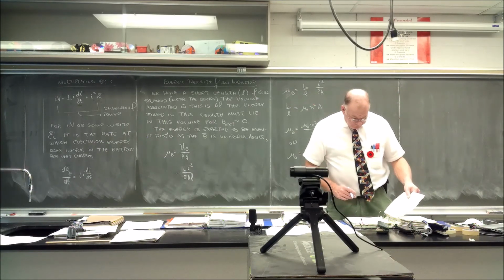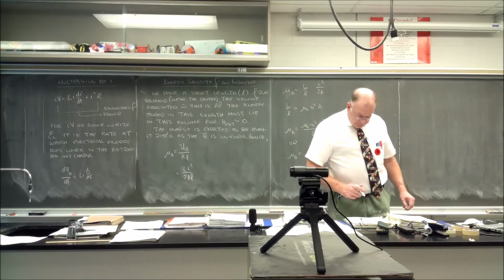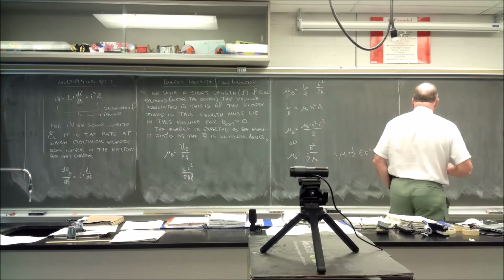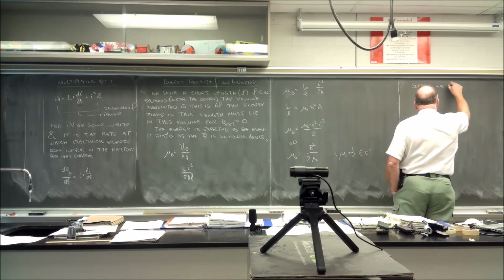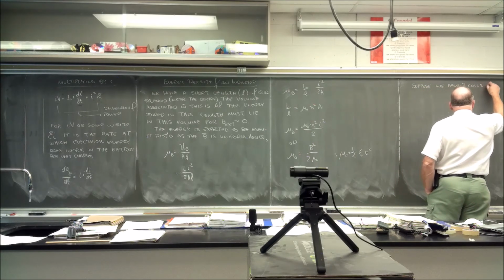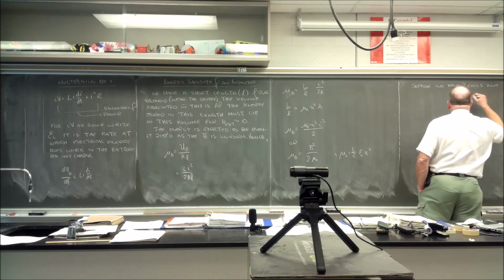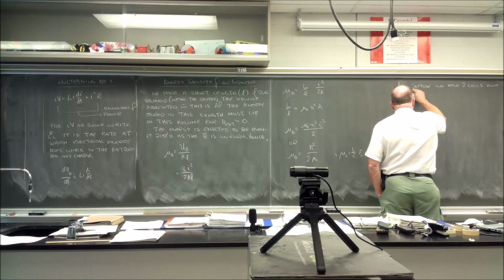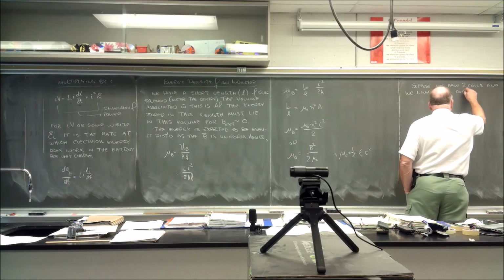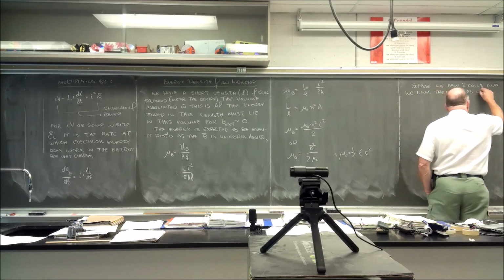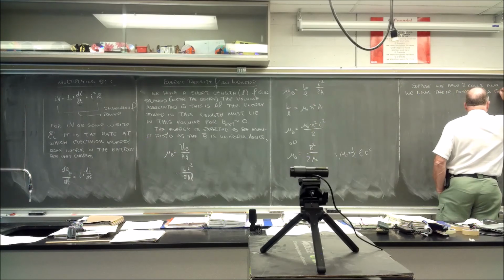I'm going to do this a different way than the book does. I find this confusing. I don't know how much it helps. Suppose we have two coils. And we link their cores with a ferromagnetic material.